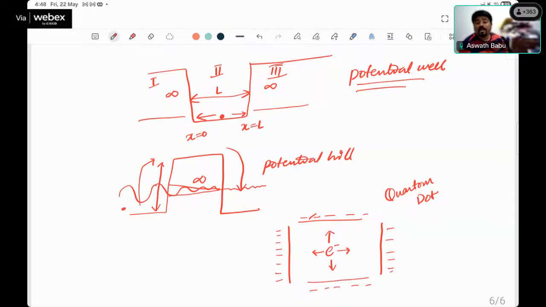Even if you perform the experiment, and make a measurement of the electron in all three regions, let's say you make 1,000 observations. Perhaps 50 times you see it in region 1, 50 times in region 3, and probably 950 times in region 2.